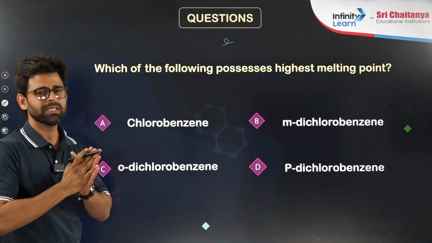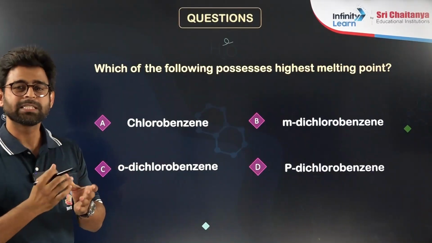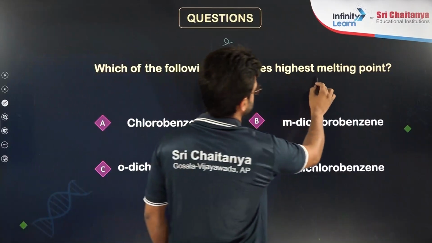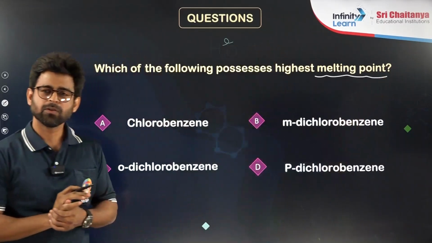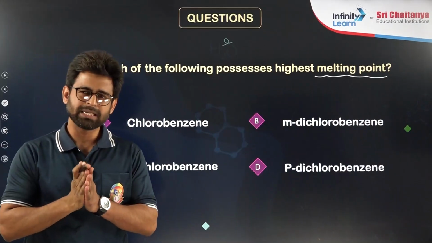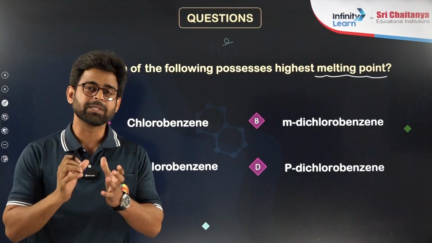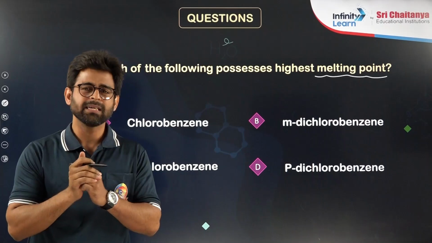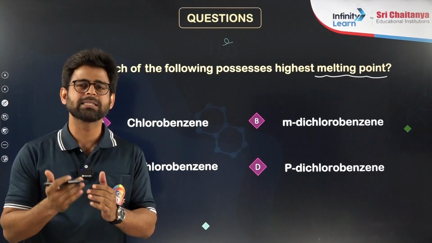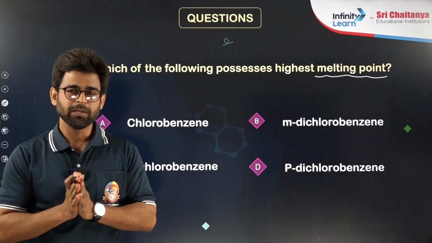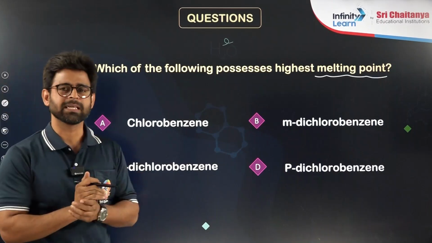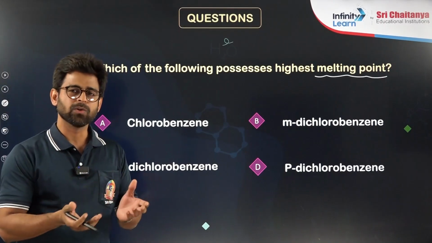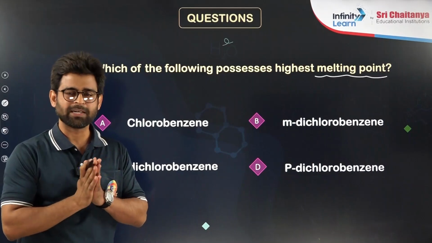Now, the next question is depending on the physical properties, and they're asking about the highest melting point. Melting point basically depends on the symmetry. The more the symmetry, the better the packing, and the higher the melting point. So you have to find the symmetrical compound here, especially in the case of dihalobenzenes.